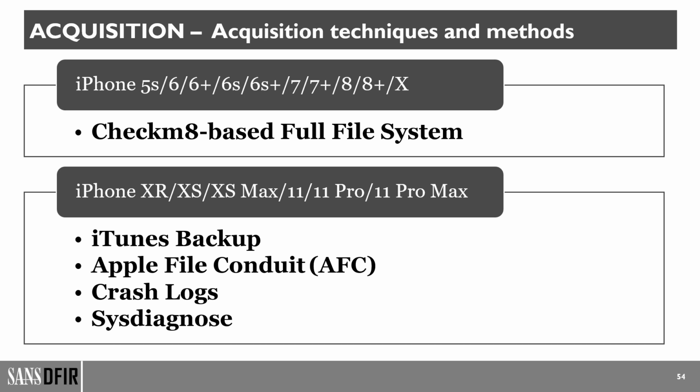It can be done with one of the three tools I mentioned before, or you can also checkra1n the device, because USB restricted mode in this case is not an issue for you. And you can do an acquisition with one of the other tools supporting a checkra1n device: Elcomsoft, Magnet, or Oxygen. Or if you want to do a Checkm8 acquisition based on the customized implementation, you can use Belkasoft, Cellebrite, or MSAB.